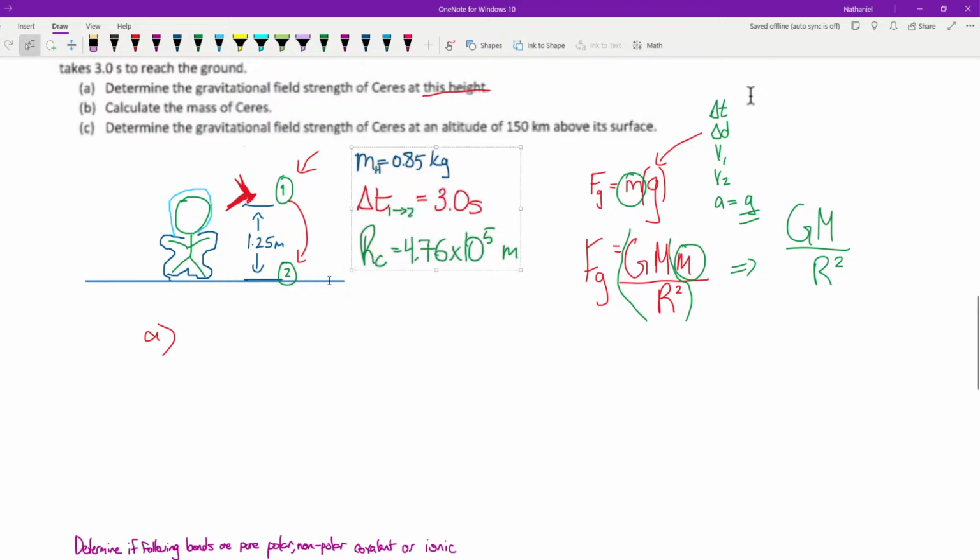So we have enough to start to go there. And we are actually told the mass of the hammer, so maybe we can go back to this, and then we don't need M.